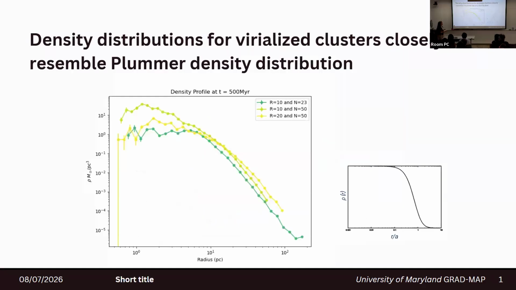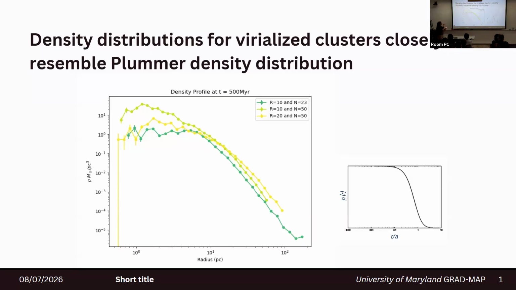And we can plot their densities in the final snapshot of the simulation and compare how their density profiles compare to our idealized globular cluster model, the Plummer model. And so we can see that our filters worked and our density profiles are approaching this power law that we would like to see, especially the 10 parsec and 23 initial cluster case.